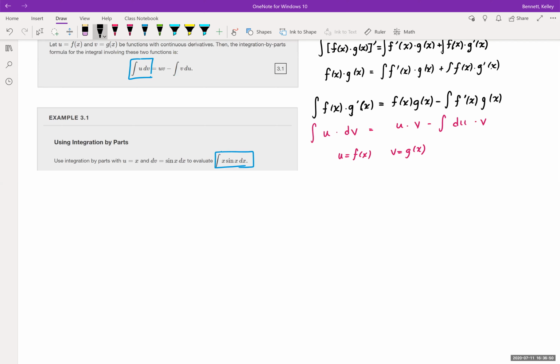So they're telling us let u equal x and let dv equal sine of x dx, right? So that comes from here, and the other one comes from here.